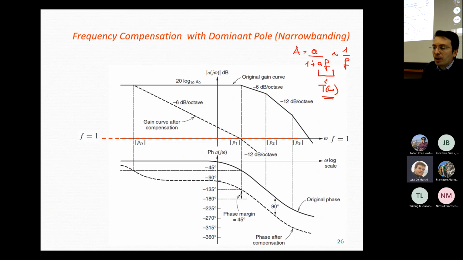In particular, we will find the angular frequency which corresponds to a modulus equal to 1.